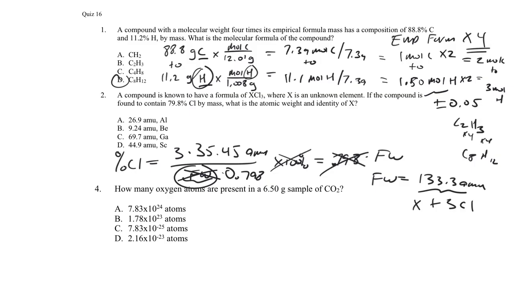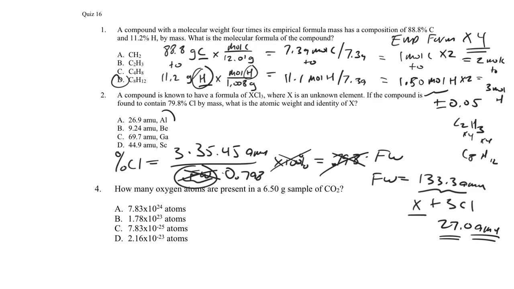So 133.3 minus 35.45 times 3. Oops, calculated wrong. 133.3 minus 3 times 35.45. I get 26, call it 27.0. So X has a mass of 26, okay, I got 26.95.